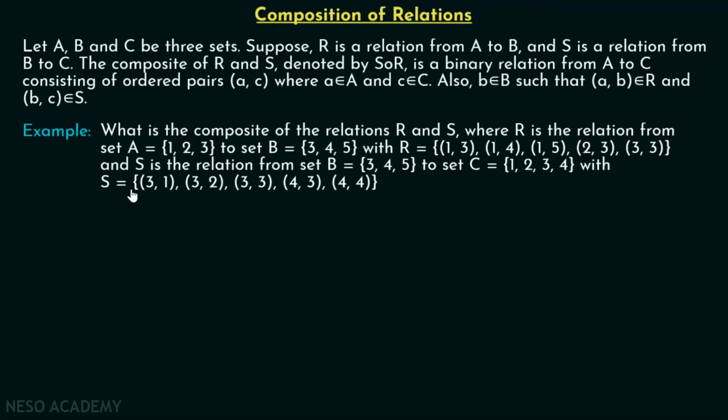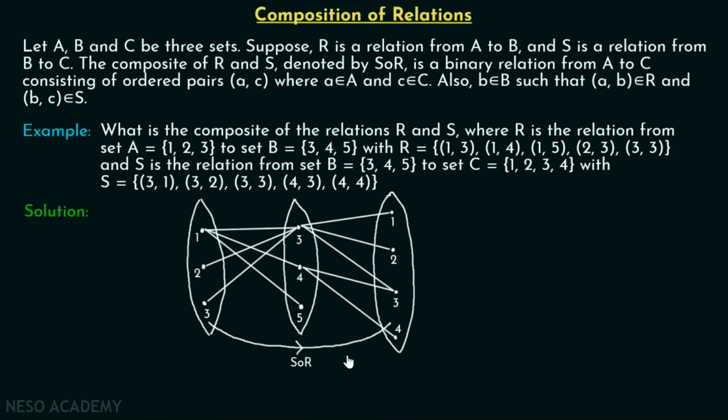The best way to find the composite of these two relations is by drawing the arrow diagram. This will be very easy for us to imagine how SOR will look. Here you can see this is an arrow diagram. This is set A, this is set B and this is set C. We have three elements in set A, three elements in set B and four elements in set C. You can see through this arrow diagram that I have drawn the line from 1 to 3, then 1 to 4, then 1 to 5, then 2 to 3, then 3 to 3.